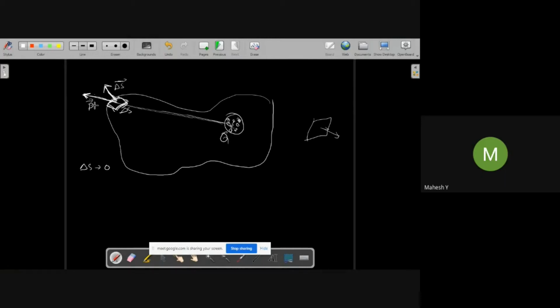That is nothing but the projection of D over delta S. Since D and delta S are not in the same direction, if you want to find the flux passing through delta S, we know that density is equal to flux divided by area. So flux is equal to density into area.